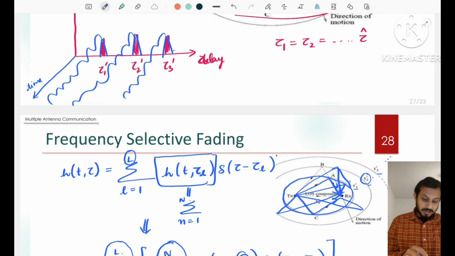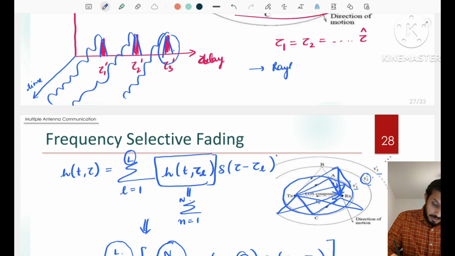At a particular delay, we have seen that the envelope of the received signal is Rayleigh distributed, and the received signal is complex Gaussian distributed.